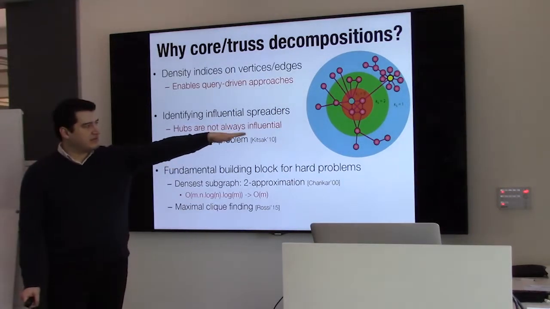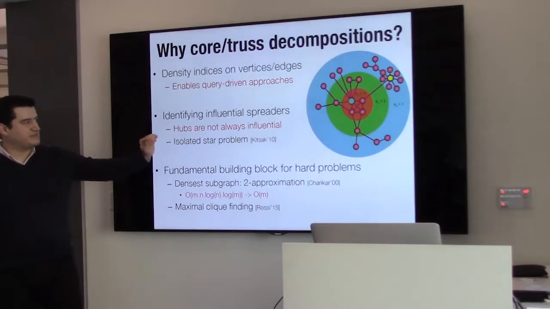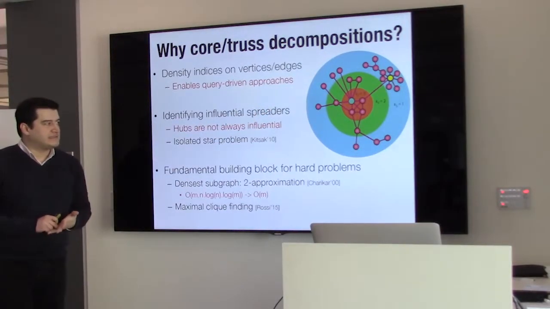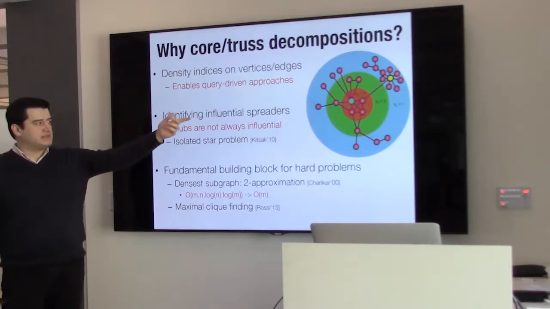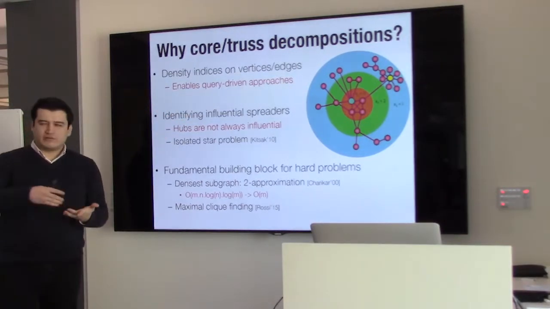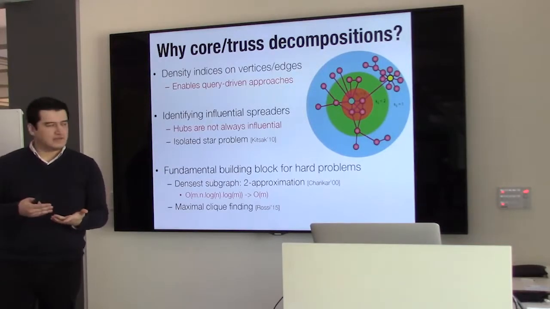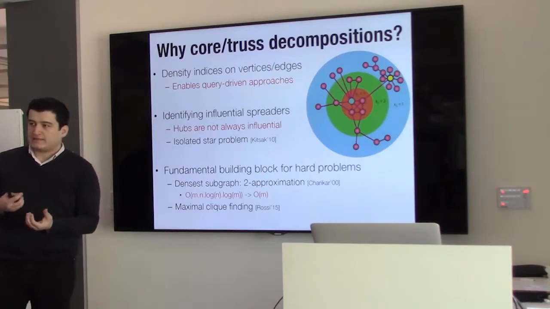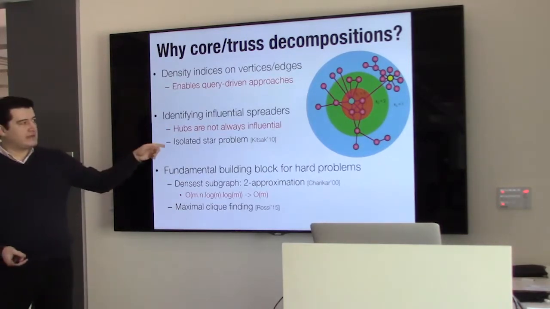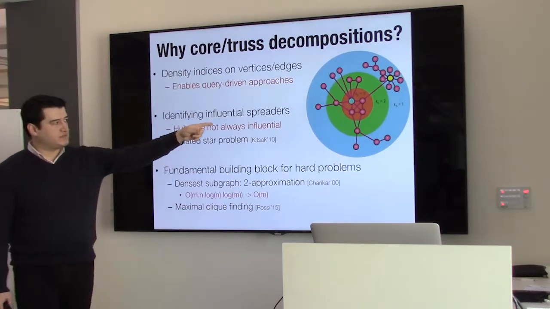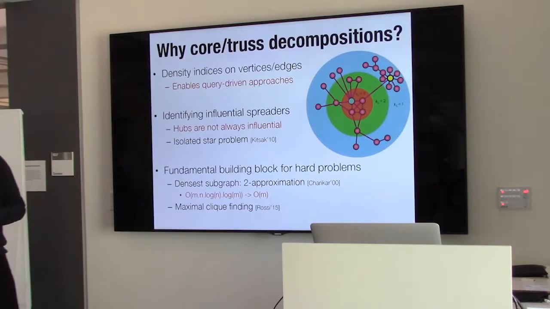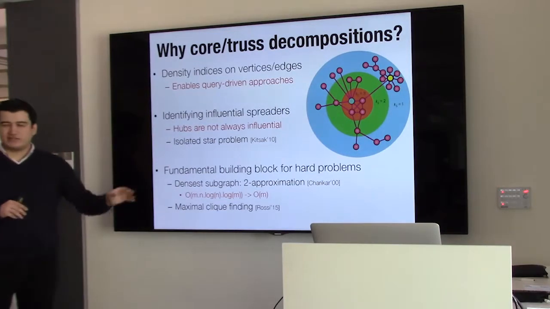A simple example from Maxim Kitsak's paper is that the blue and the yellow vertices have the same degree, but yellow is connected to all low degree vertices, so its influence is limited, while the blue vertex is connected to other high degree vertices, and that is where the impact comes from. The k-core exactly tells you the difference between the blue and the yellow, like a 3 versus 1. So it helps us focus on that isolated star problem.